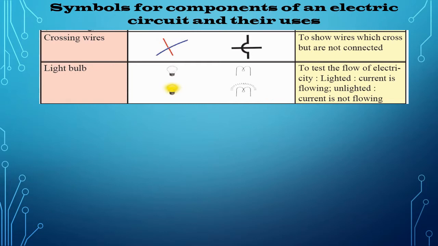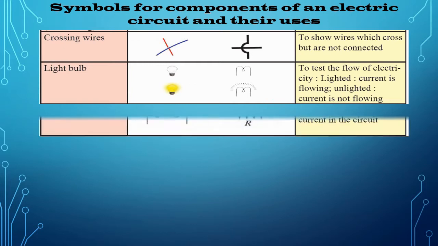An electric bulb is used to test the flow of electricity in the circuit. Lighted bulb shows the current is flowing, while unlighted bulb shows current is not flowing.